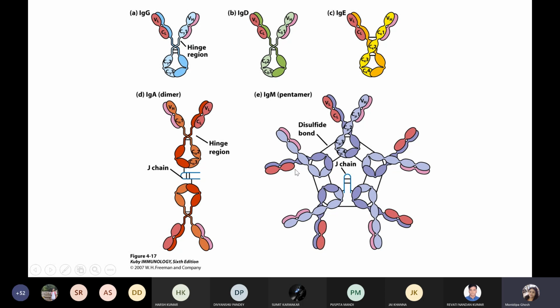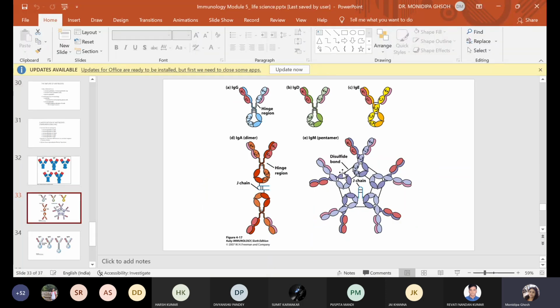And immunoglobulin M is a pentameric complex antibody, where the monomers of IgM are interlinked with each other, and a joining chain facilitates this. So, IgM is pentameric, IgA is dimeric, and IgG, D and E are monomeric antibodies, which prevail in nature.